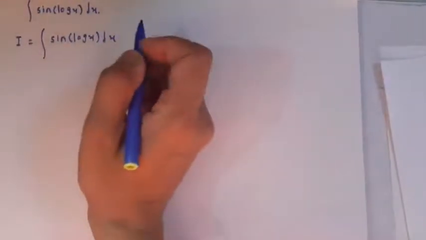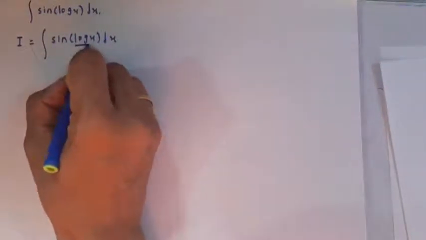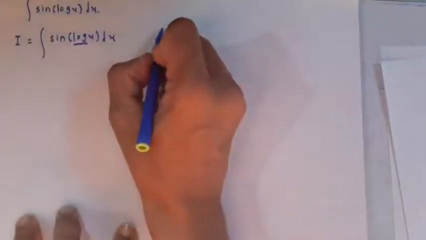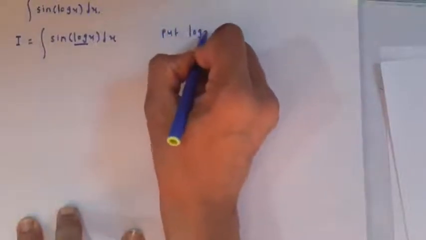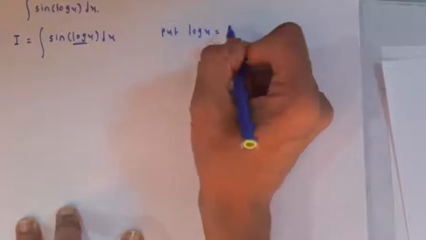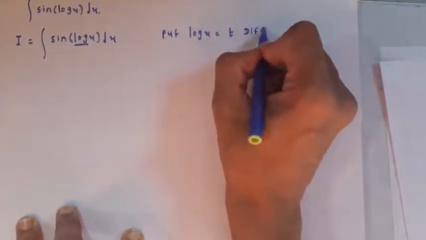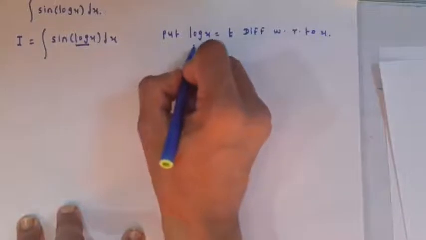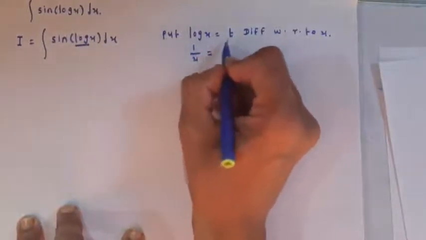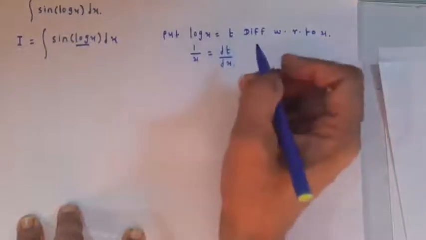To solve this type of integration, we don't have a formula, so let us try by substitution. Put log of x equal to t. Whatever your substitution, differentiate with respect to x. We will get differentiation of log of x is 1 upon x, and differentiation of t with respect to x is dt by dx.